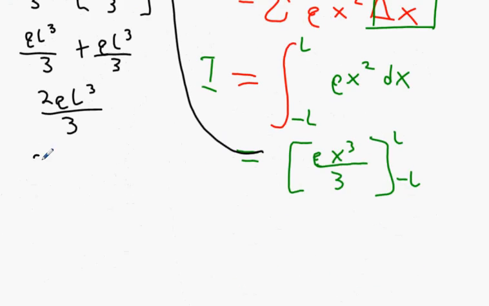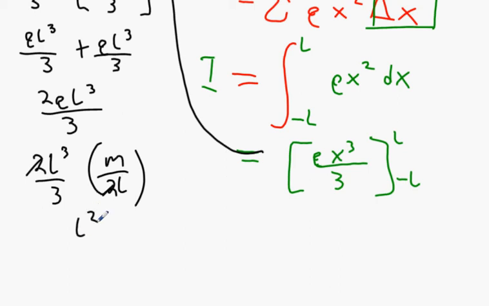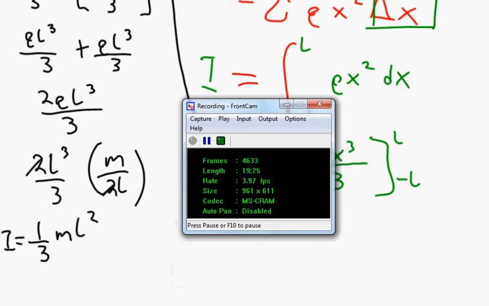So we have 2 rho L cubed over 3, but we're going to get rid of rho, and rho was m over 2L. The 2's cancel. L cubed divided by L is L squared. So 1/3 ml squared is your inertia. Okay, and that's the first proof.